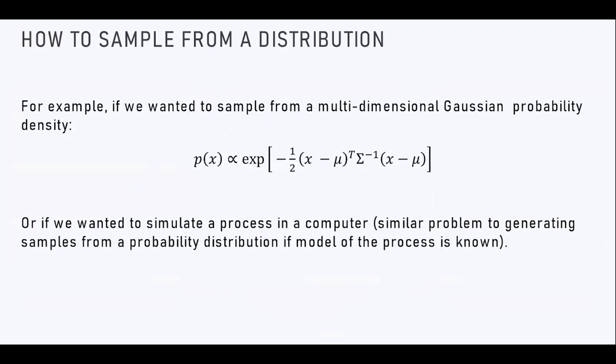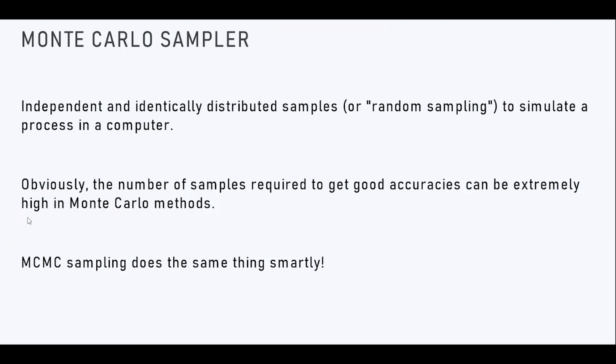You keep on doing this for a large number of samples, and after a large number of samples, you would have the required number of accepted samples. When you have that, you can stop sampling, and that's it. And that's called the Monte Carlo sampler, where you're just randomly sampling everything. And at the end, you have a representative sample for this Gaussian probability density.